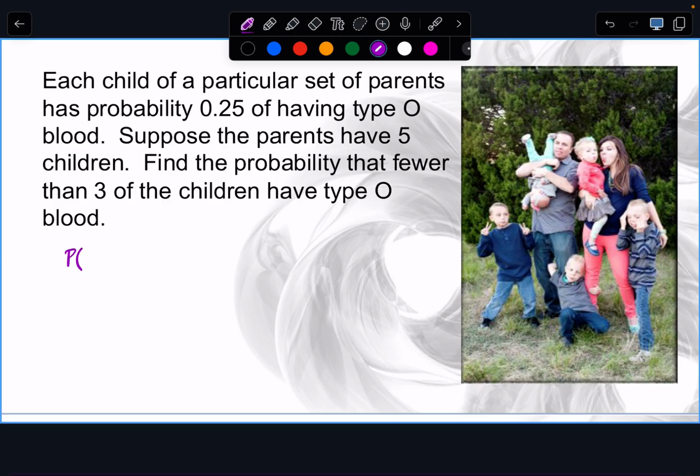X is less than 3. So this time we're not concerned with one single number of successes. I want the probability that my random variable takes on any value less than 3.